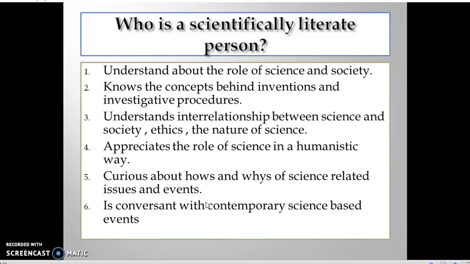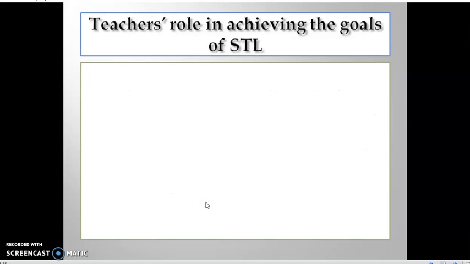So, a scientifically literate person would have all these features.